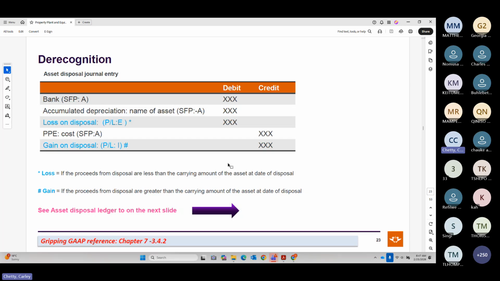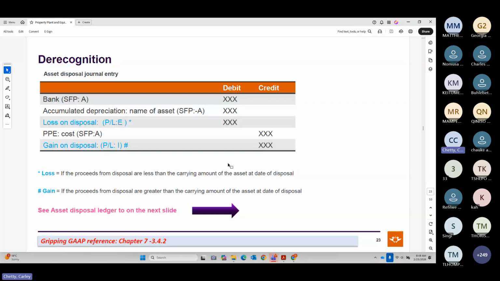We are stripping out the accumulated depreciation relating to the assets. Then we are going to credit the PPE cost. We are removing the cost from our financial statements. And then depending on what the proceeds are and what the carrying amount is, we will either get a loss on disposal or a gain on disposal.